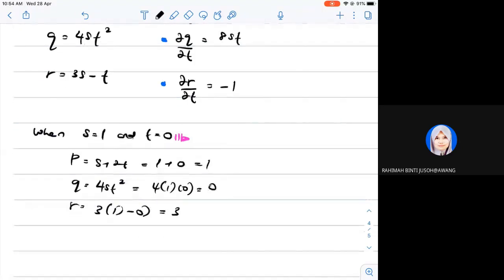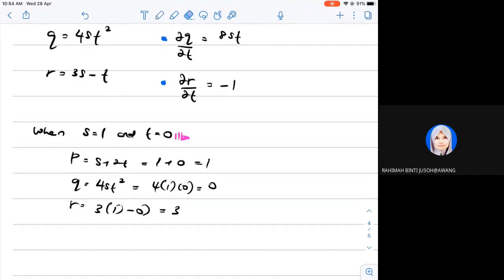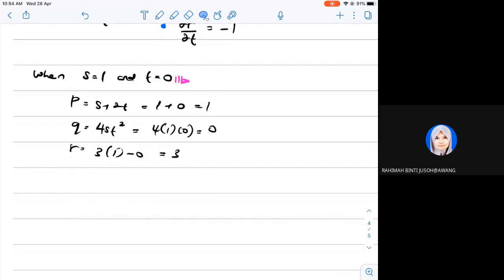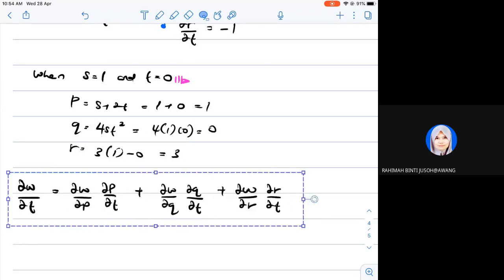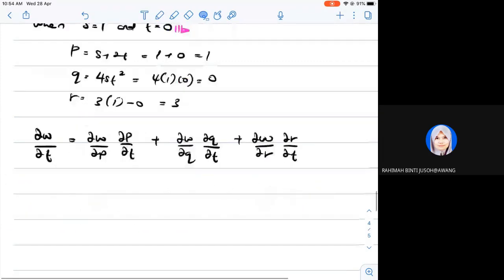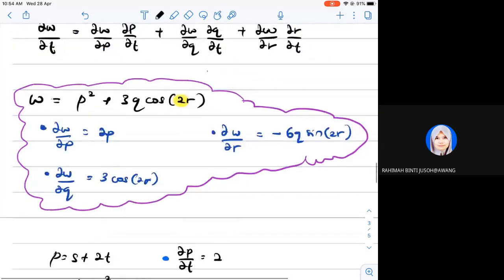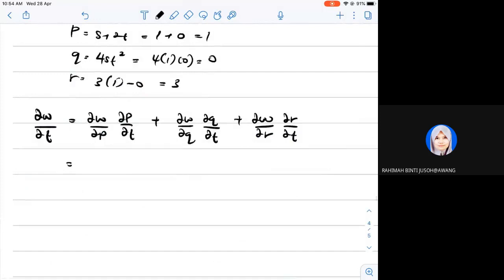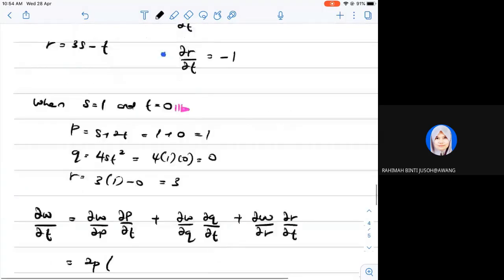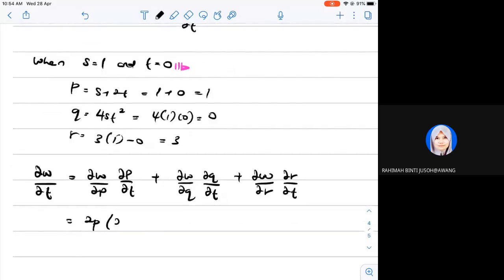Okay. So now, no brackets. Alright. So now, substitute all of this into the chain formula we had above. So we have del W over del P is 2P. So 2P multiply with del P over del T is 2.